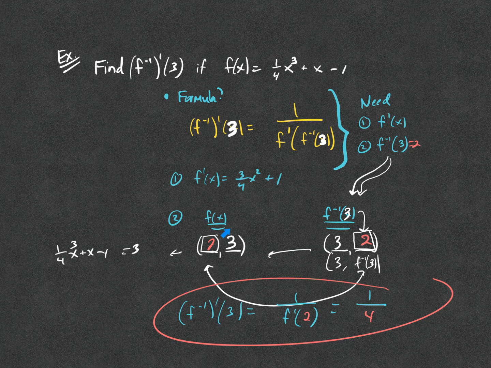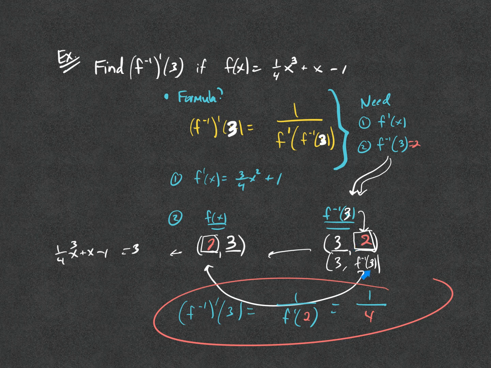Well, my advice to you was to make two columns, one with f of x, and put an ordered pair that's blank and blank, and f inverse of x, or in this case 3, and put an ordered pair that's blank and blank. And keep in mind, we want to know the output when f inverse of 3 is asked for. So that means the input into the inverse function is 3, and we want to know this.